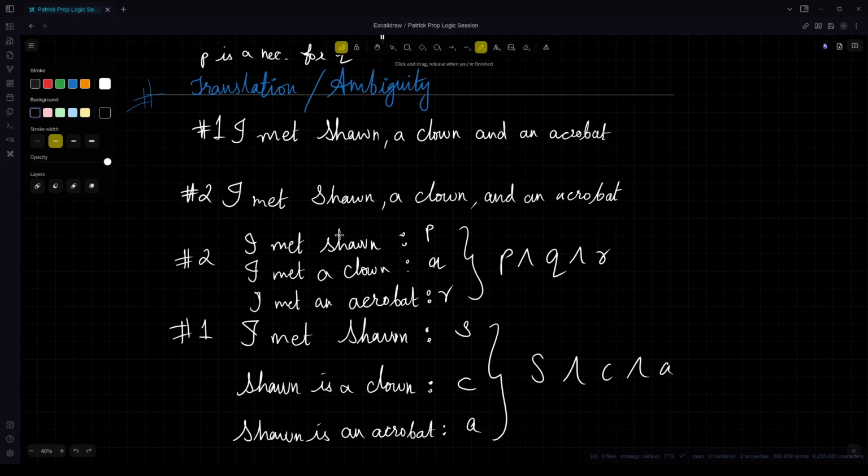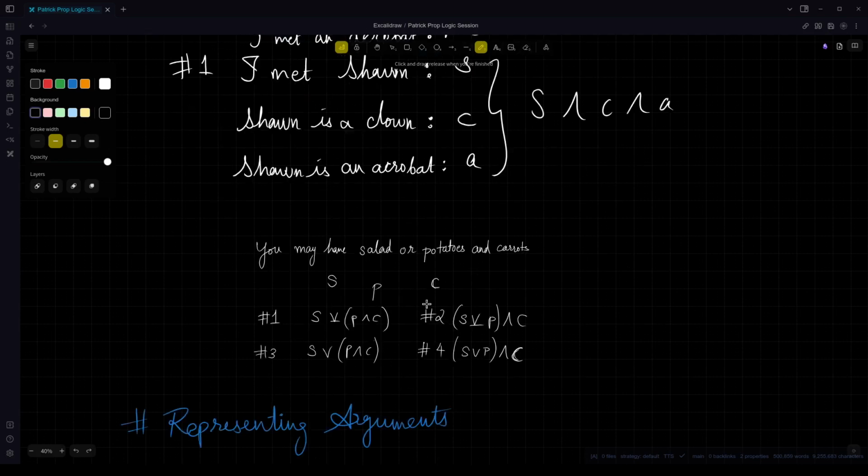So when we are doing translations from natural language to formal symbolic language, it's important to get the meaning of what the other person wants to convey very clearly. That was the important bit of this section.